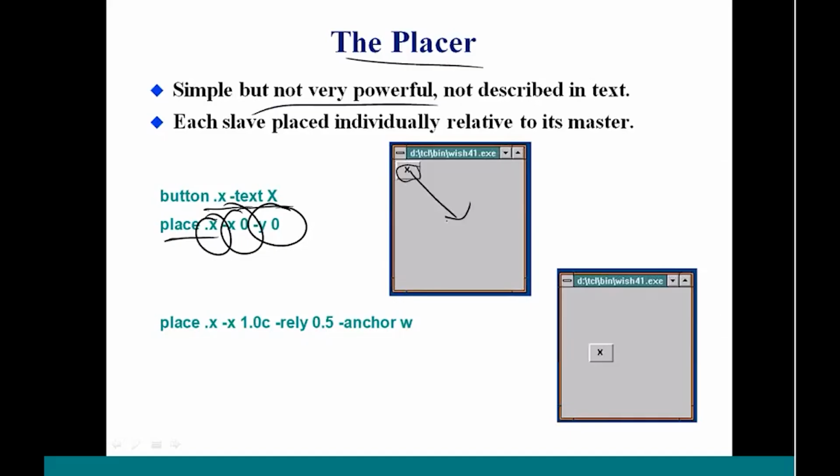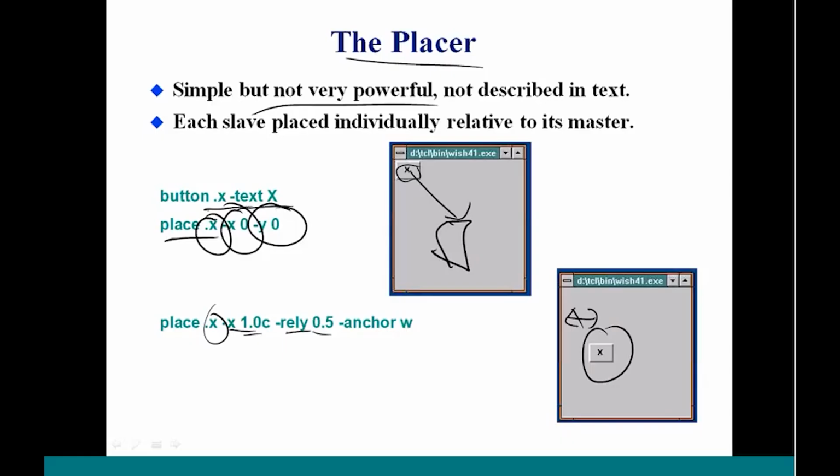Now we can move this to the middle or towards another place just by issuing another place command. Again we place the .x. Now in the X direction it is 1 centimeter, and then relative Y is 0.5. So on the Y you just move it by 0.5, related to the previous value.